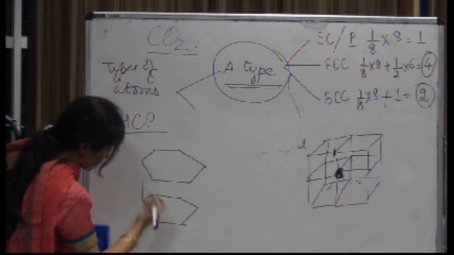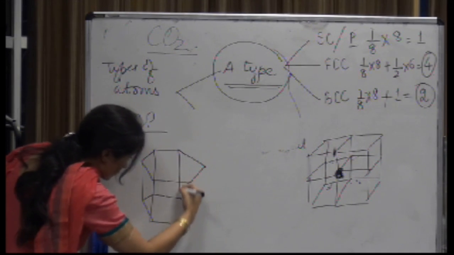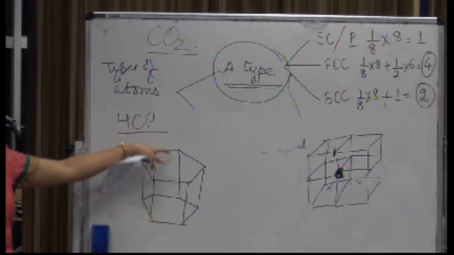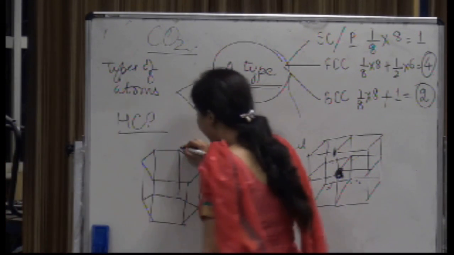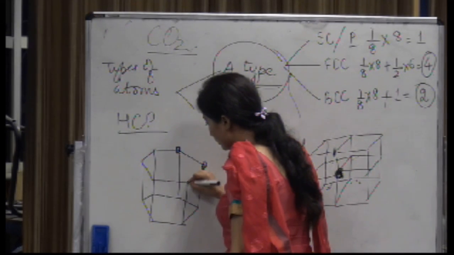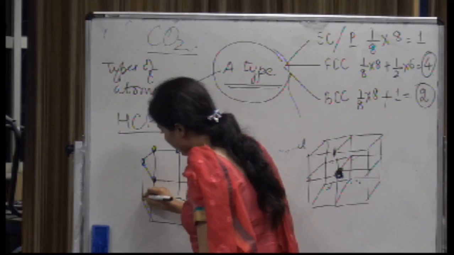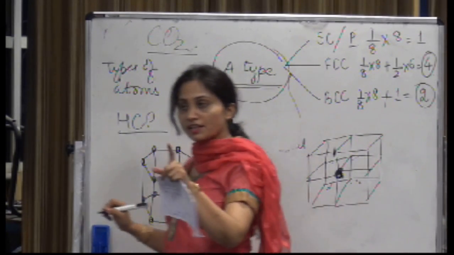Please join the lines. Okay, looks like a hexagon on the top and a hexagon at the bottom. Clear? Now I have atoms at each corner. So this is the structure that I am giving you. So atoms at each corner.